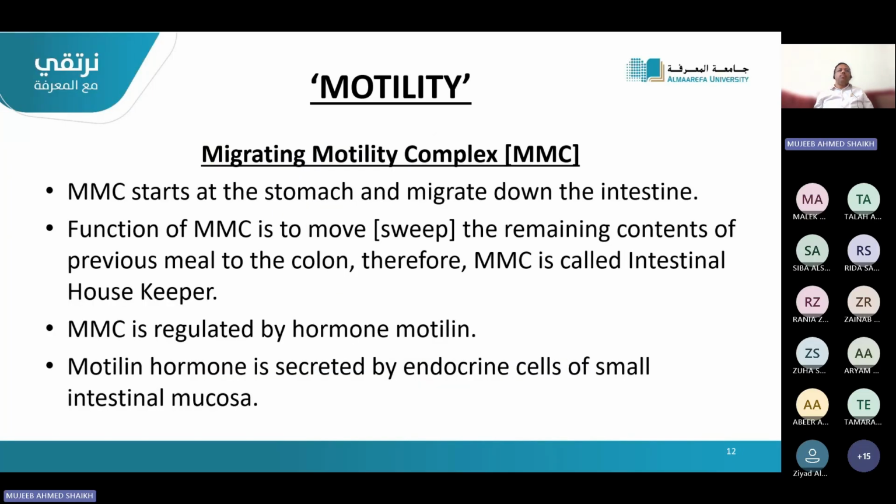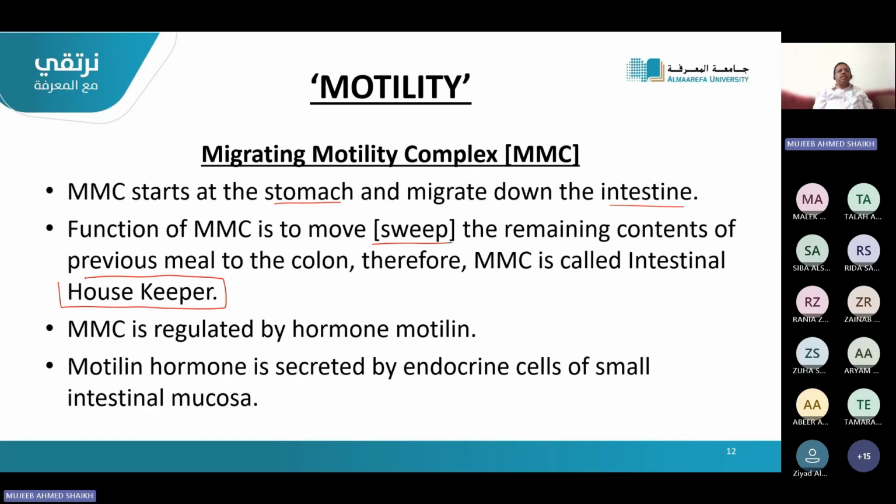Peristaltic waves move from one area to another, whereas segmentation is local contraction and relaxation. So MMC starts at the stomach and migrates down the intestine. What is the function? To sweep. Just like taking a broom or brush and sweeping everything from the intestine to the large intestine. That's why it is also called the housekeeping contraction.